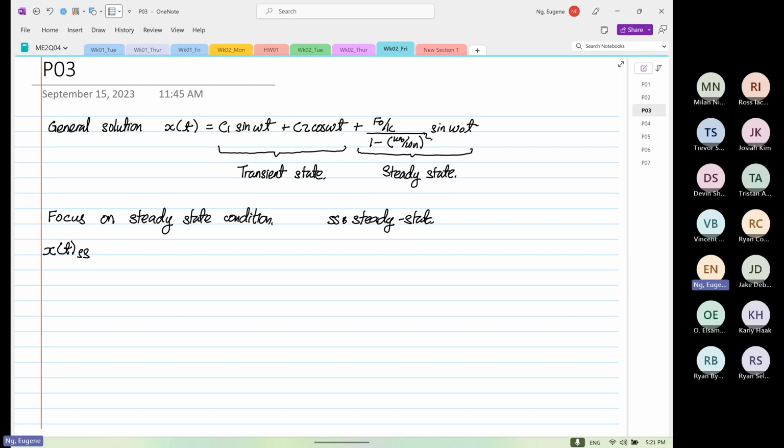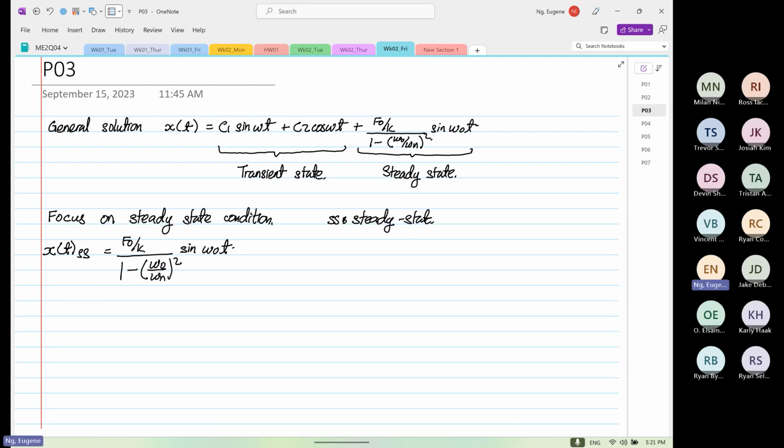So this will be equal to F naught over K divided by 1 minus omega naught over omega n squared, times sine omega naught t.